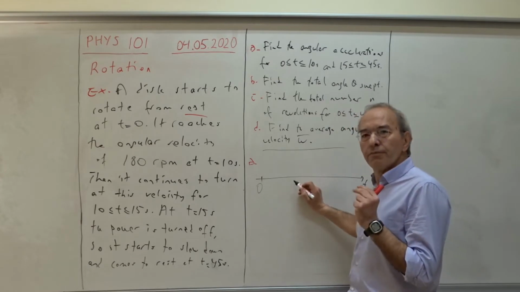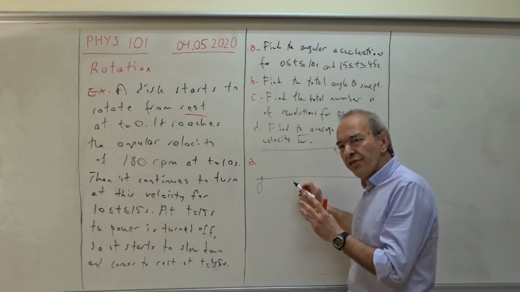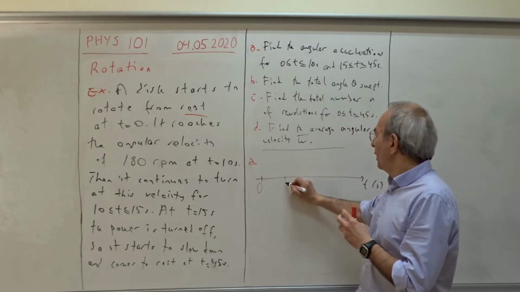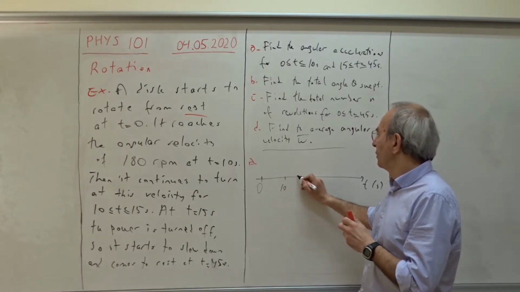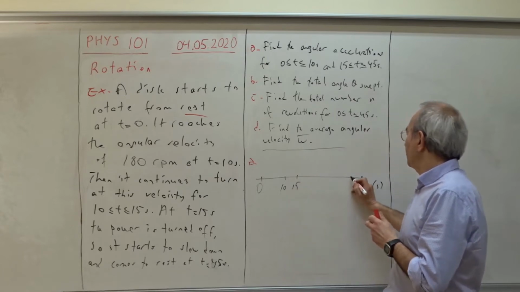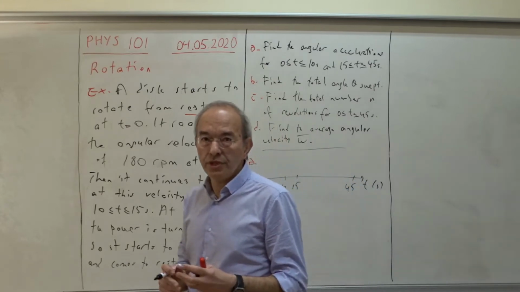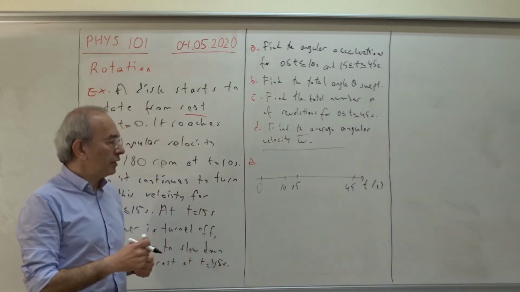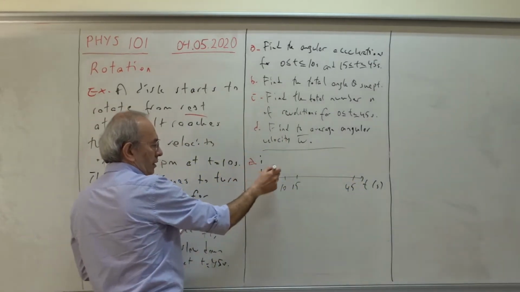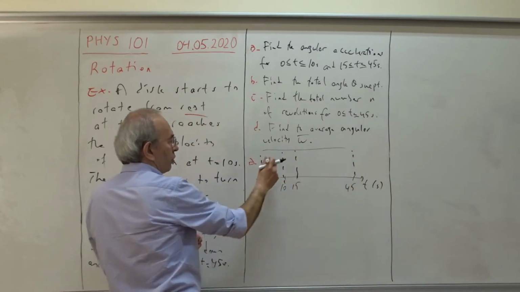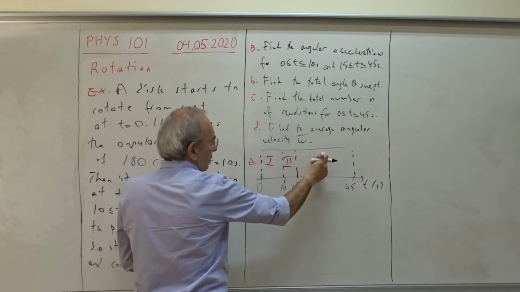But the important moments are 10th, 15th and 45th seconds. So let's say 10, 15 and 45. These are the critical moments in this problem. In the first part, let me separate these. Let me call them 1, 2 and 3.